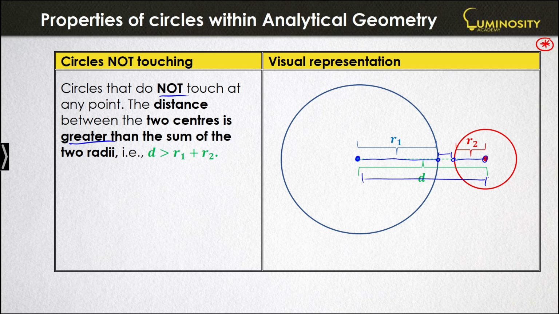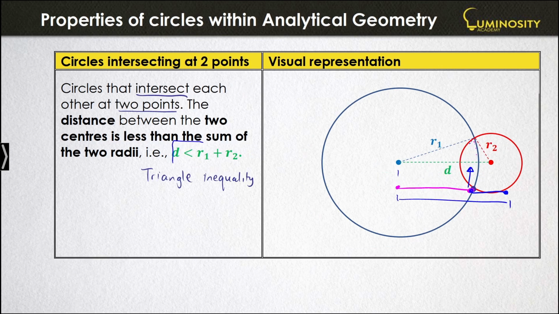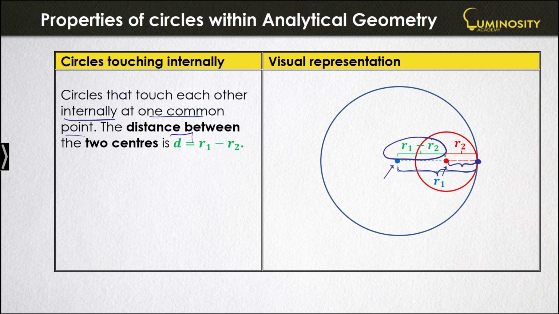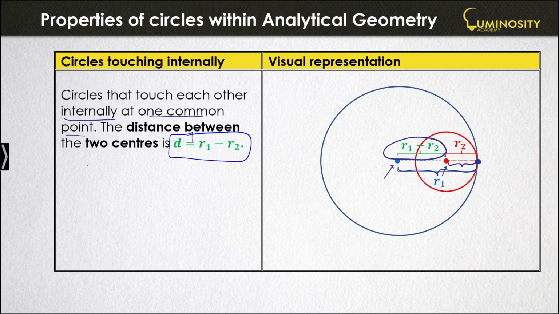We can tell when that happens algebraically by observing the distance between centers and the radius sums of these circles using these formulas. Those are properties of circles within analytical geometry. We will utilize those properties to answer further questions.